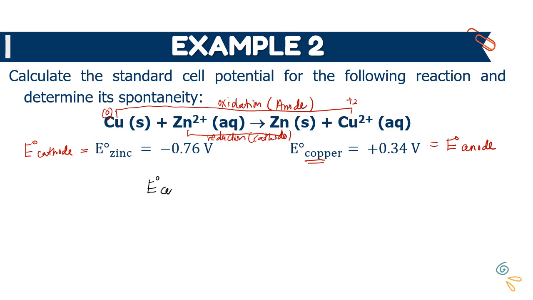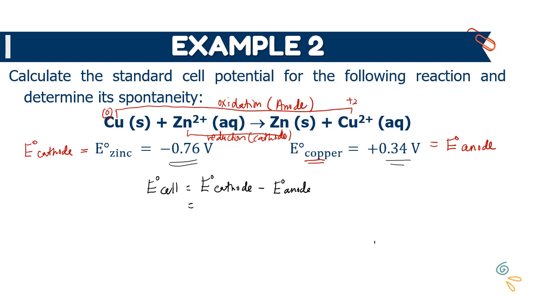So E naught cell equals E naught cathode minus E naught anode. Again, just take whatever value is given to you over here.